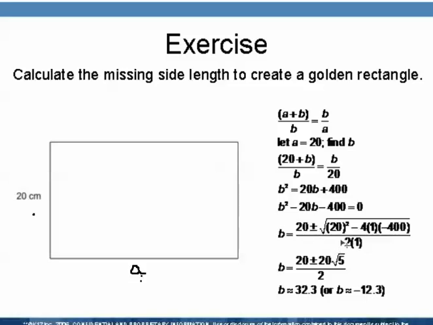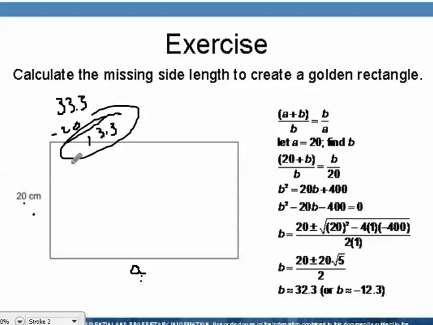You factor that down or use the quadratic formula like they did, and you get negative 12.3. By the way, in case you didn't notice, I had 33.3 as my answer. If I had taken this 20 and subtracted it from it, I would get 13.3. That's pretty close to the right answer.